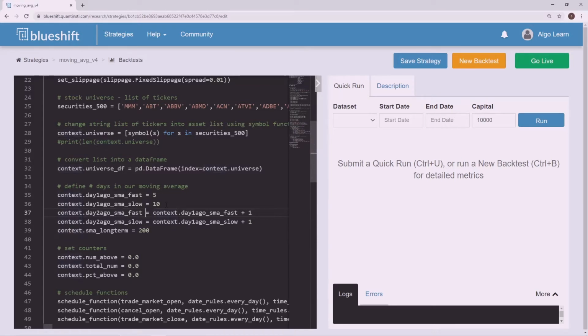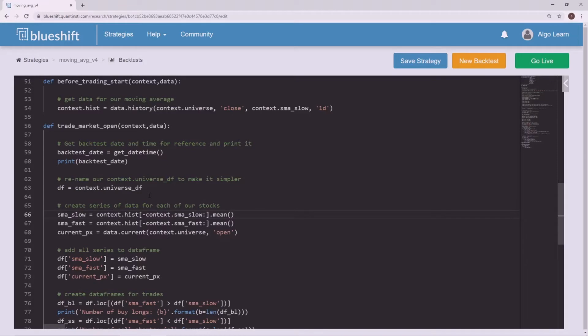So this variable here is going to be 6. And then from here we have 10 plus 1 on the slow, so that'll be 11. I will show you why we're going to be doing that in just a minute, but we need to set this up in this way. Anyway, we'll keep our SMA long term at 200.